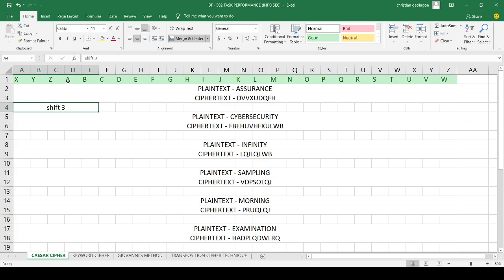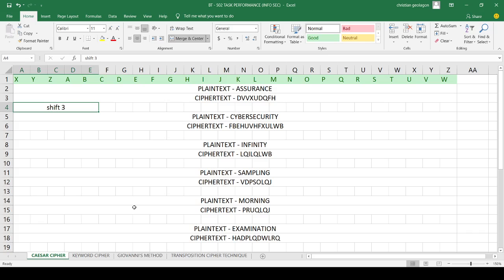So A is D, S is V, U is X, R is U, A is D, N is Q, C is F, and E is H. So this is the first example.